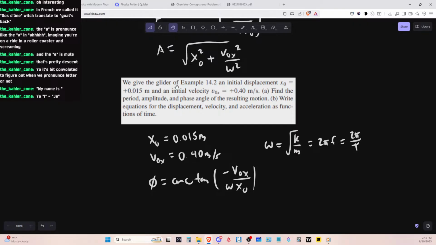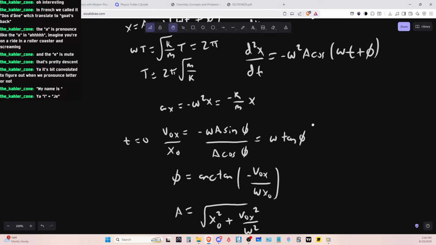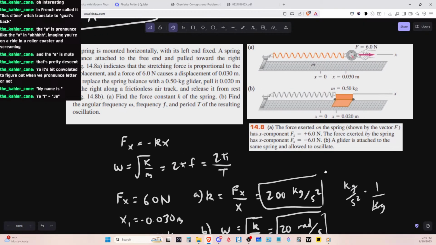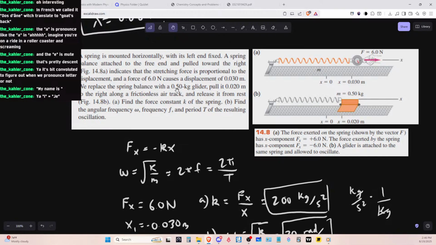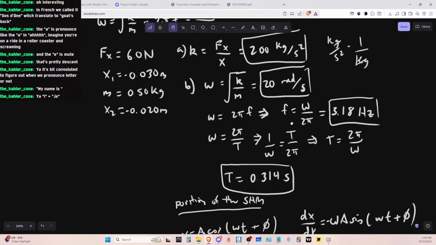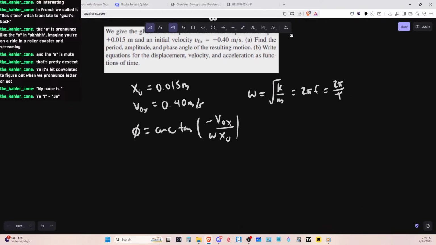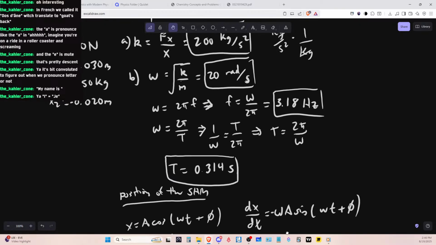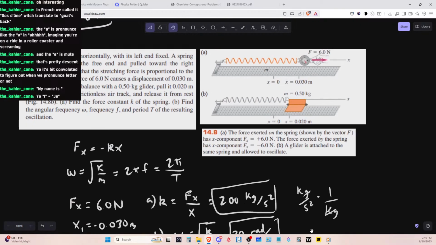So let's see, we're given a glider. Oh, maybe we have to look at the original problem. Maybe we can get clues from there. We have to remember that we're also given a mass of 50 kilograms.